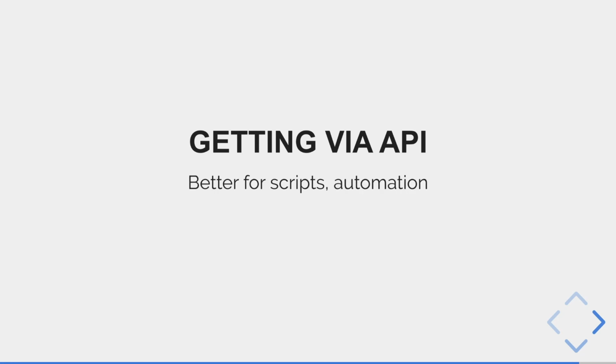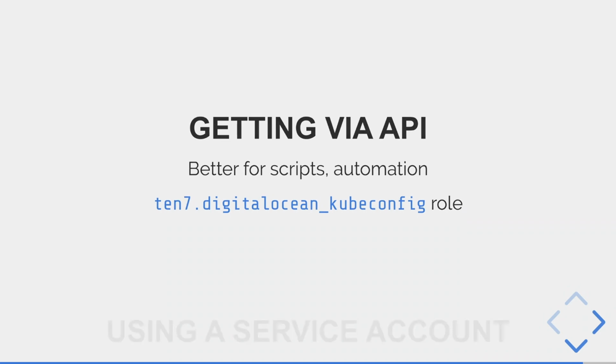This is much better for scripts and automation because you get a fresh file every time that you're going to interact with Kubernetes. Now, you can do this in a number of different ways, including going ahead and accessing the API yourself manually, or if you're using Ansible to run your automation, you can use the digitalocean_kubeconfig role on Ansible Galaxy to download this file for you.